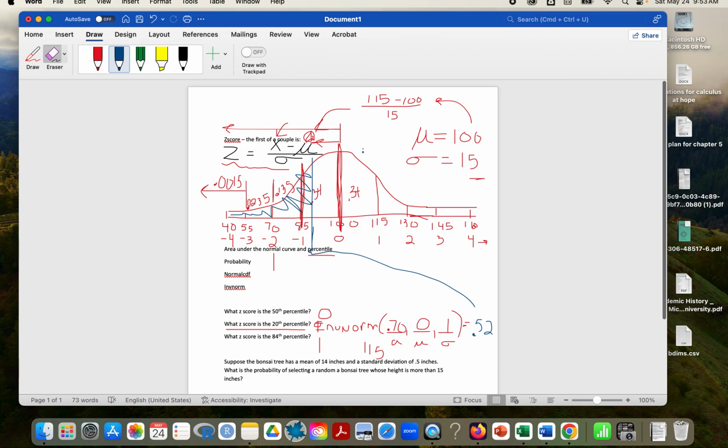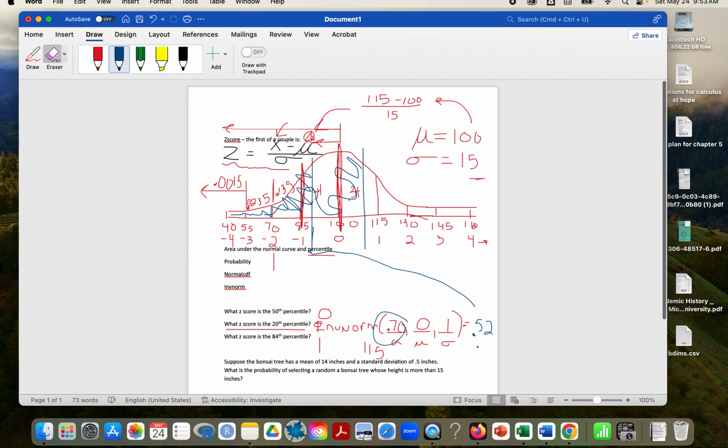So we're a little bit to the right of the halfway mark between 0 and 1. So there's our 0.52. The area to the left of that is going to be 70%. 70% of the area of the normal curve is to the left of the z-score, 0.52.